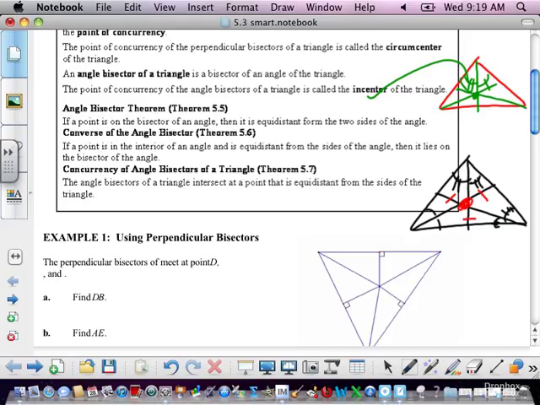Okay. And it is equal distance from the vertices. I'm going to draw a little picture. This point right here is equal distance to all the vertices.